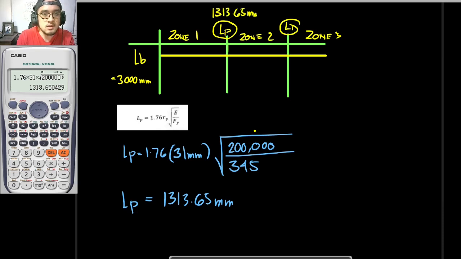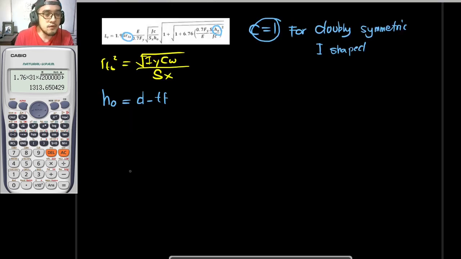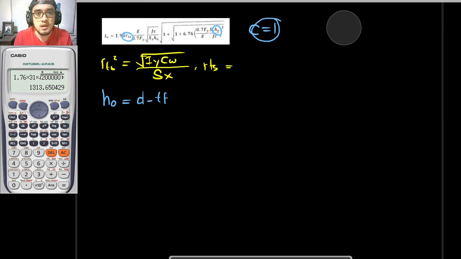1313.65 millimeters. Okay. So as for LR, if we are to solve for rts first, let's just erase this part right here since we already know that C is equal to 1.